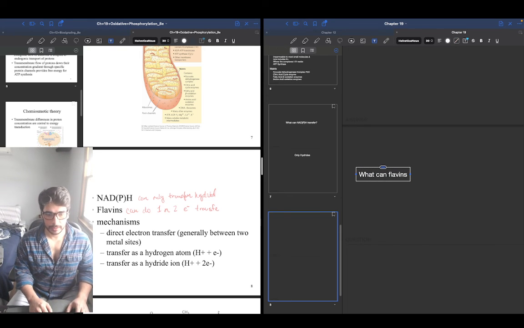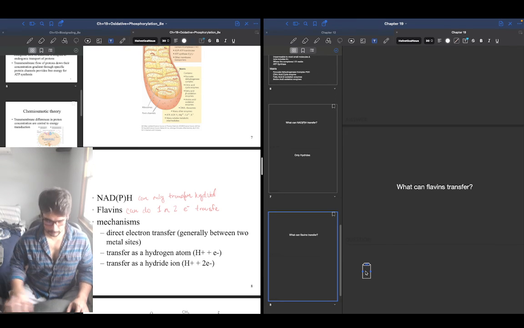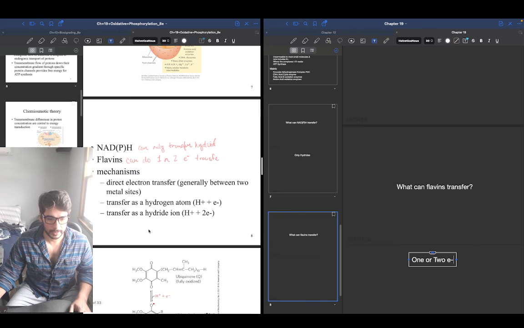Flavins transfer one or two electrons. One or two electrons. Okay, so mechanisms to transfer as a hydrogen atom or transfer as a hydride ion. Maybe we'll get it in the next slides.